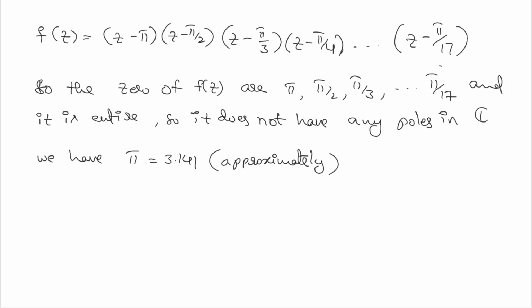So pi by 2 is approximately 1.56, and pi by 3 is approximately 1.04.